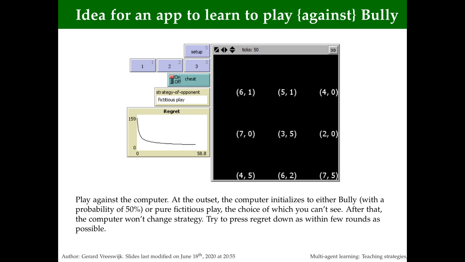And if you discover that your opponent is a fictitious player, then you have to act as bully, because that's the best play against fictitious play. So you learn to either play bully or to play against bully, and that's, I think, the best way to understand the algorithm. Next slide.